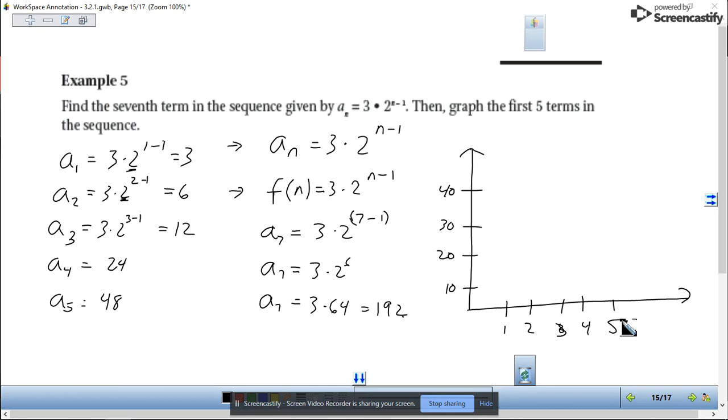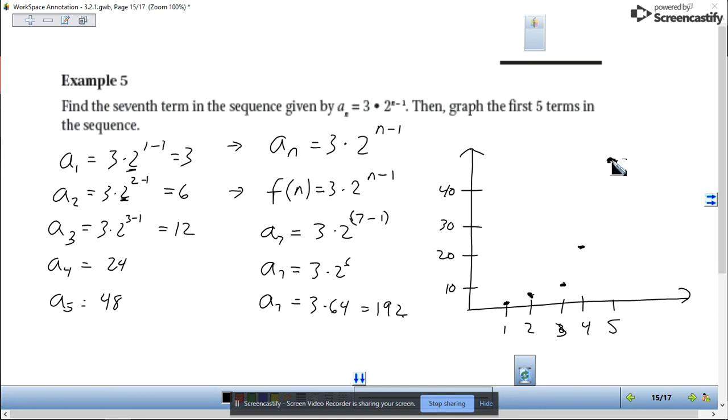So 1, 3, that's going to be really low. 2, 6, that's also going to be pretty low. 3, 12. 4, 24, so all the way up to here on the 4. And then 5, 48.